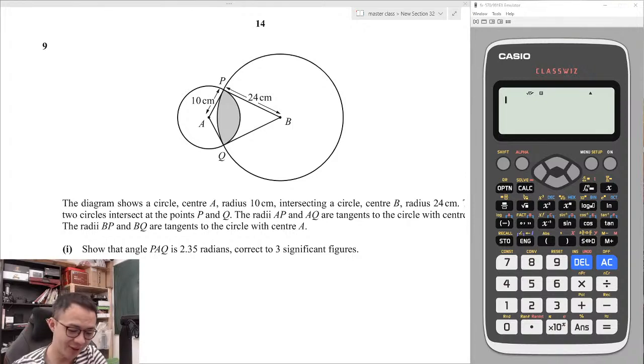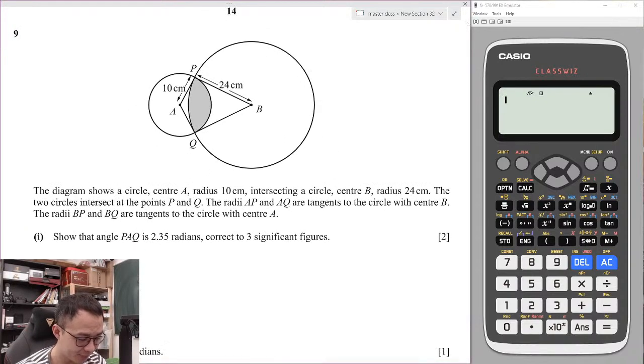Alright, so let's check it out together. We have some information here. We have some tangent here. PB and BQ are tangent to the circle with A here. Tangent means you will have 90 degrees.